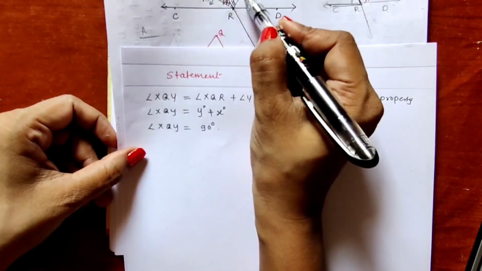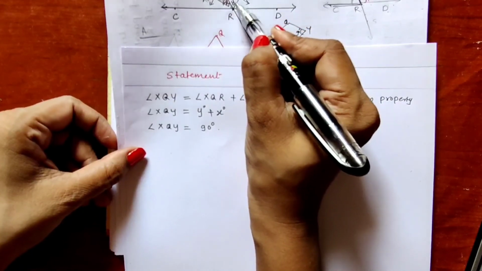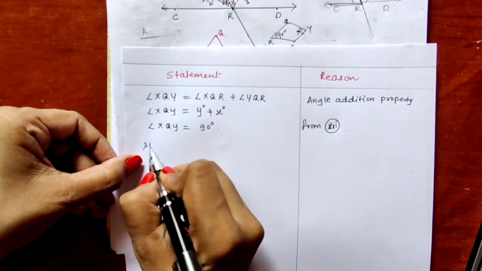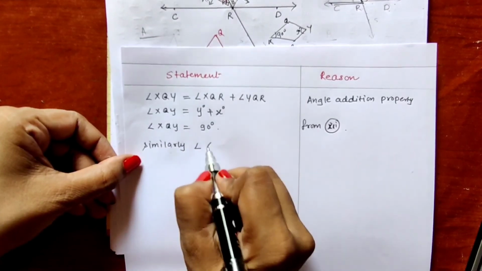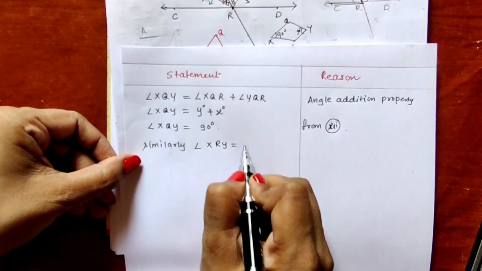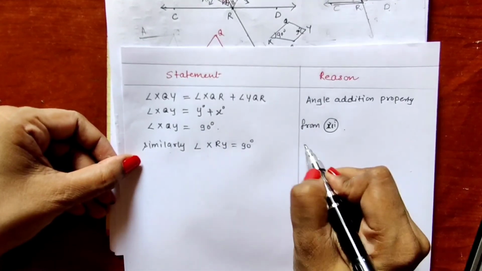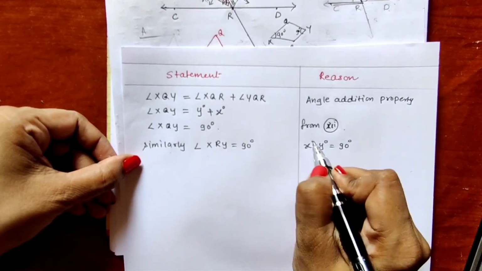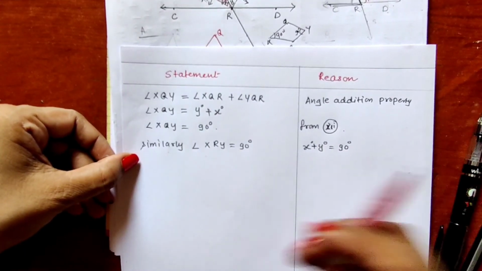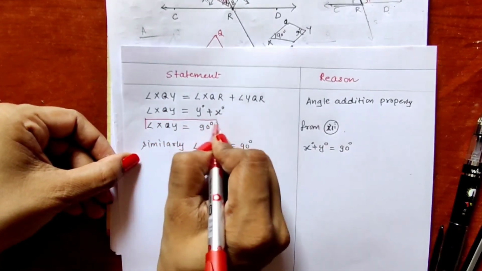Similarly angle XRY is also 90 degree because it is X plus Y, which is equal to 90 degree. So in this way these four angles we have got 90 degree each.